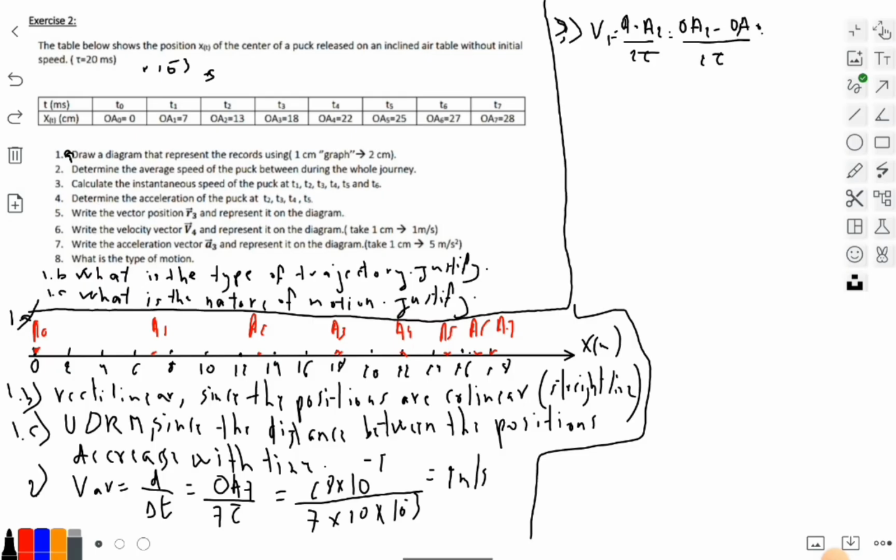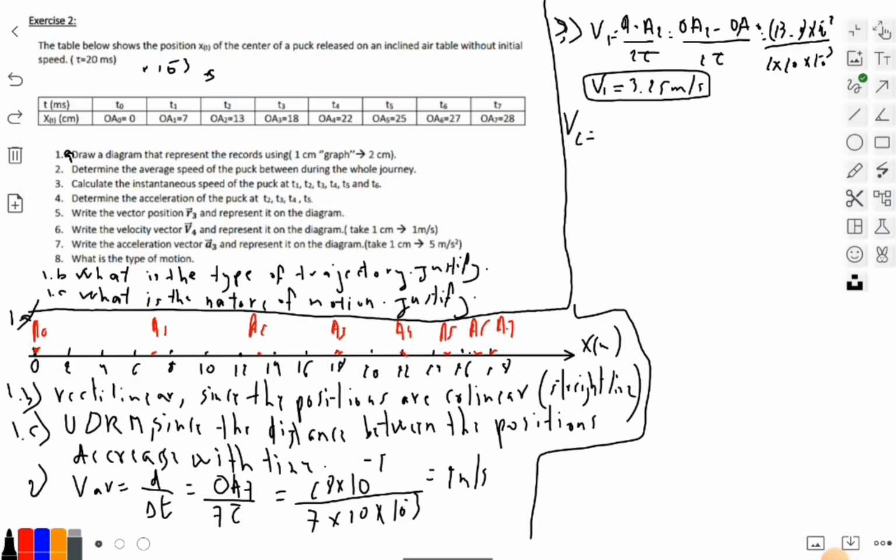It's equal to 13 minus 0 times 10 to the power minus 2 from centimeter to meter over 2 times 20 times 10 to the power minus 3. We obtain V1 equal 3.25 meter per second.